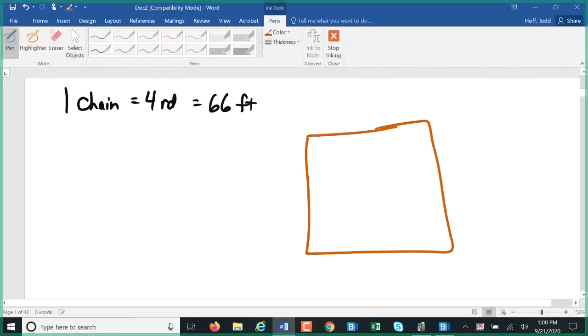In land surveying, rods are used to describe lengths from one place to another. But the area of something is often described as a square chain. So a square chain, of course, is 1 chain by 1 chain.